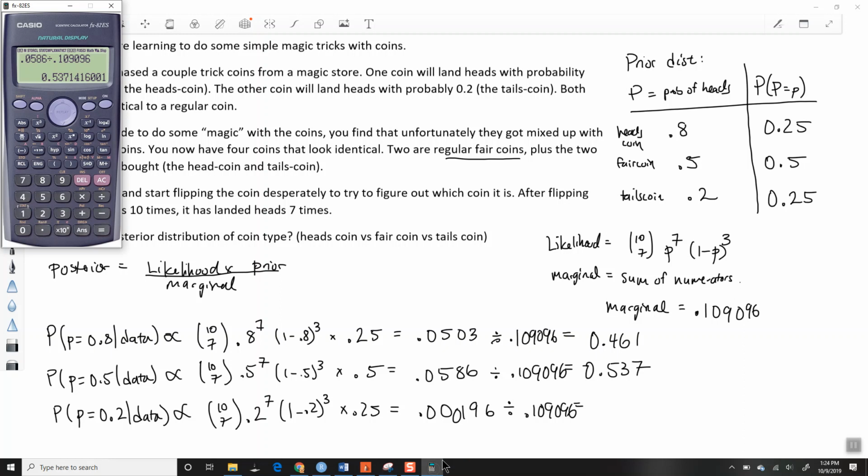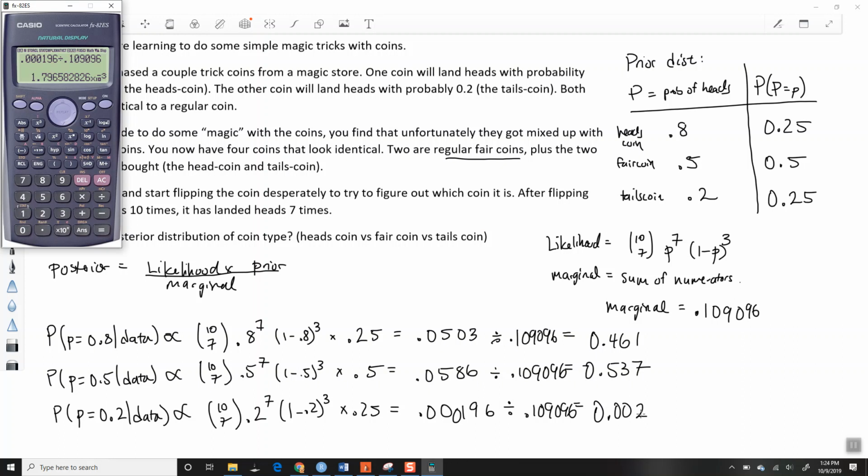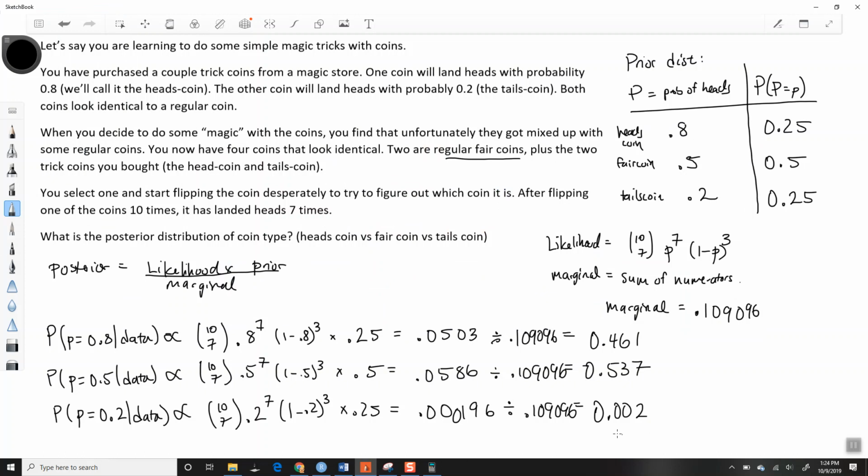And then the last one, 0.000196 divided by 0.109096. This is going to be really small, 0.002, I think. Because of rounding issues, it doesn't exactly add up to 1. It adds up to 1.001, but it's okay because of rounding issues.